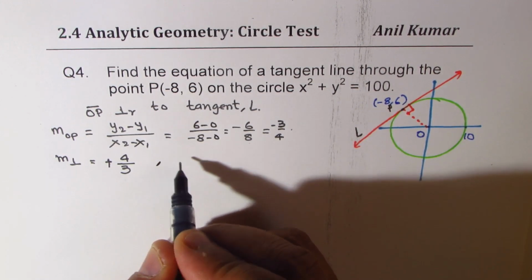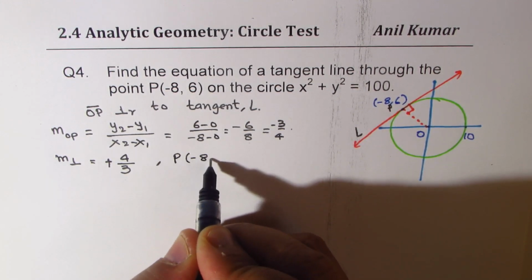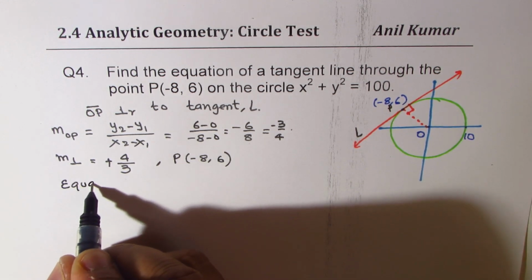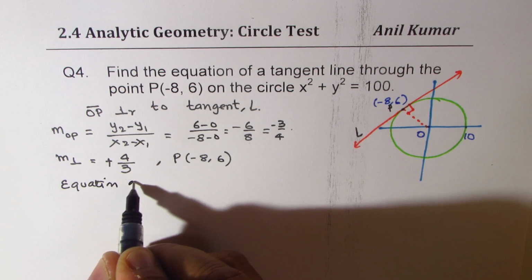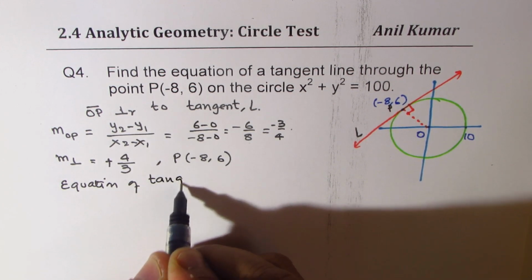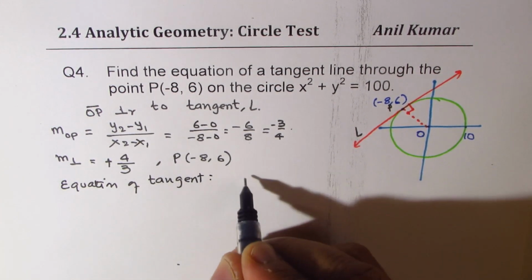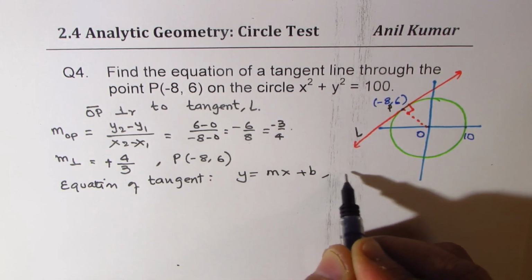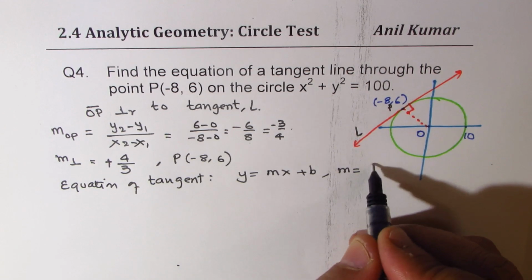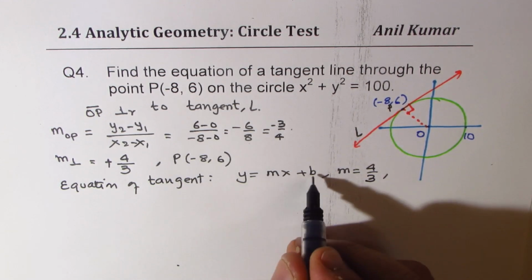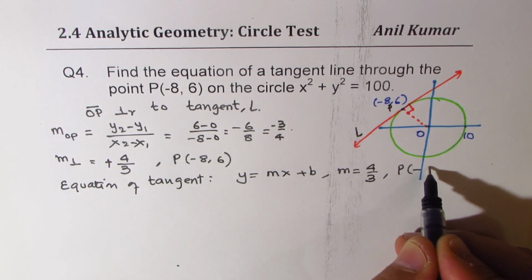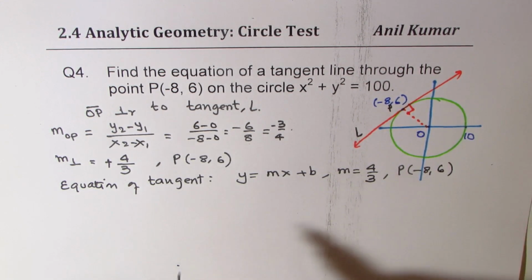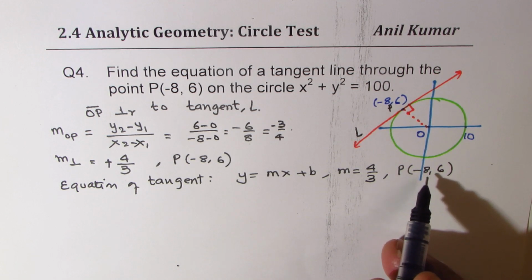Now we have a point on this line which is minus 8, 6. So the equation of the tangent can be written as y equals mx plus b, where m is given to us as 4 over 3, and we can find b with the help of the point P (-8, 6). So let's substitute these values. The y value is 6.